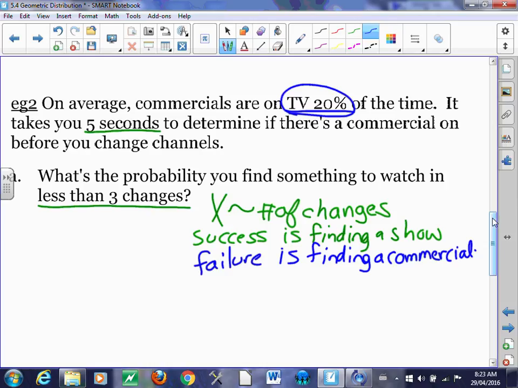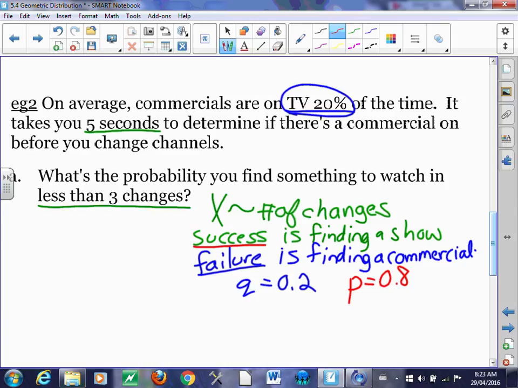Taking a look here, the probability of finding a failure, finding a commercial, as it says in the problem, Q equals 0.2, which is 20%. And then the probability of finding a success is the complement to that, which is 80%.